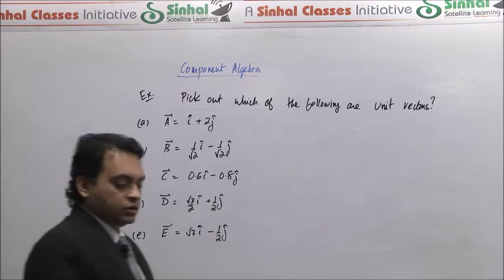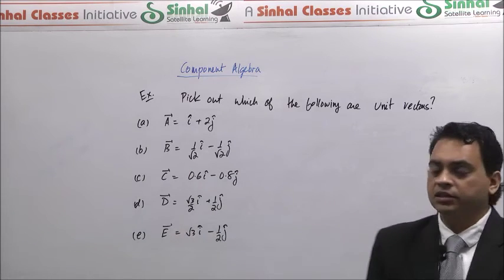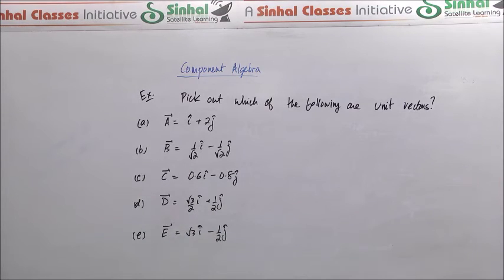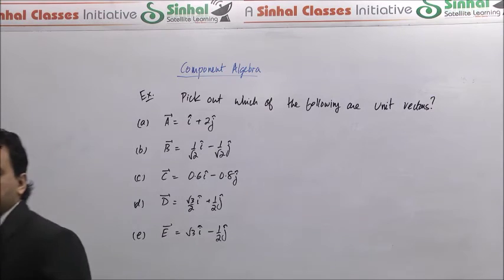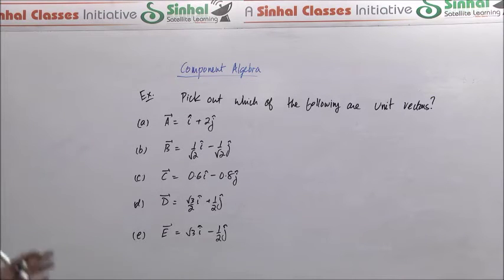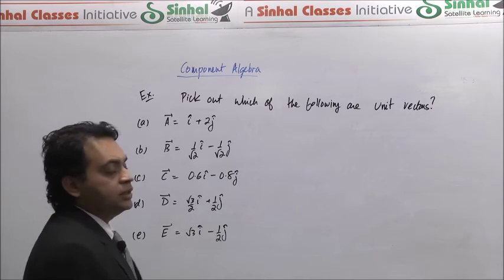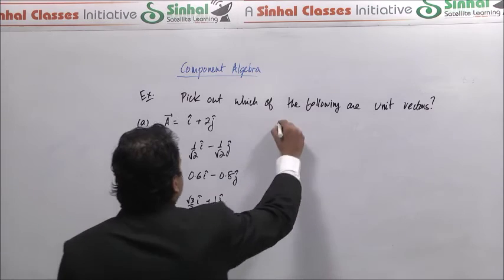So how would we pick out which of these 5 vectors are unit vectors? As you know, by definition, a unit vector is one whose magnitude is 1. So we just need to check which of these vectors has a magnitude of 1 and which doesn't. The ones which have a magnitude of 1 can be termed unit vectors. So in the solution, let's see.